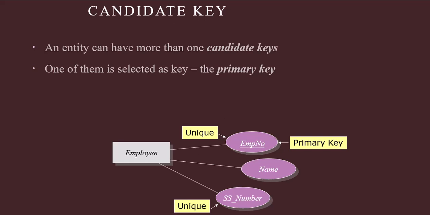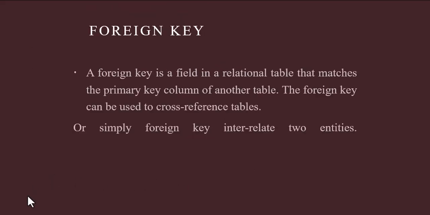For example, these two attributes, employee number and SS number. These two have the characteristic of the primary key or unique identifier. So these two are declared as a candidate key for primary key. So this one is selected, or we can select this one also. So this was all about the candidate key.